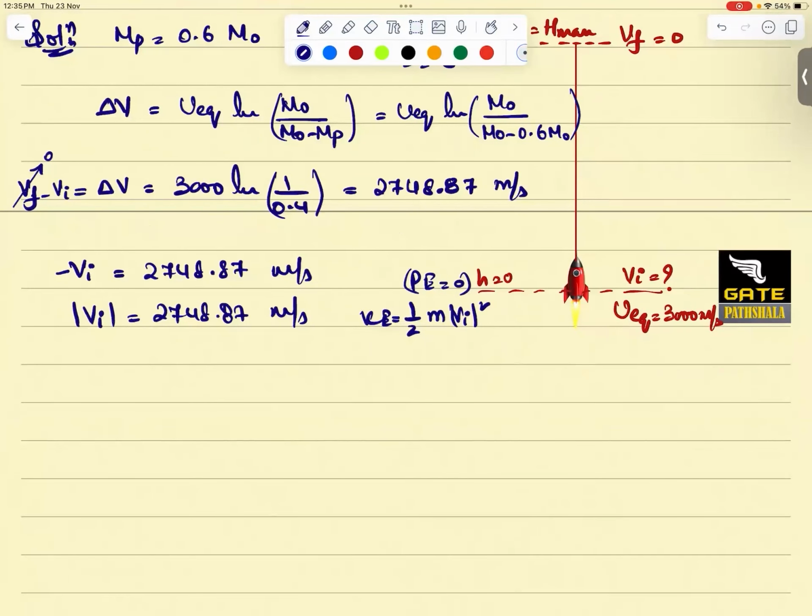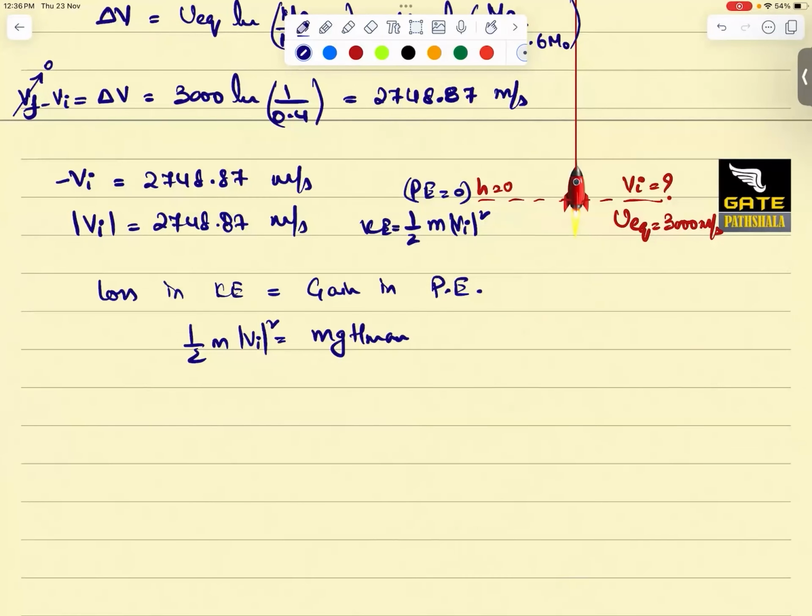Okay, so you will get loss in kinetic energy is equals to gain in potential energy. So यहाँ पे mg h max should be equal to half m into mod of vi square.